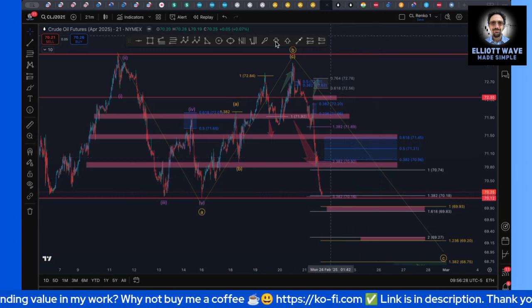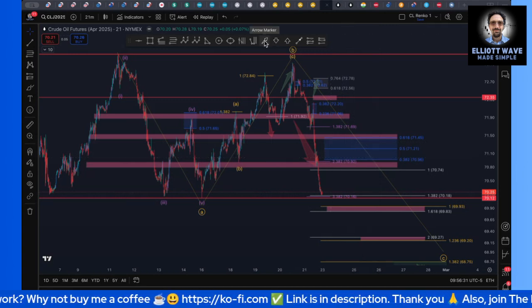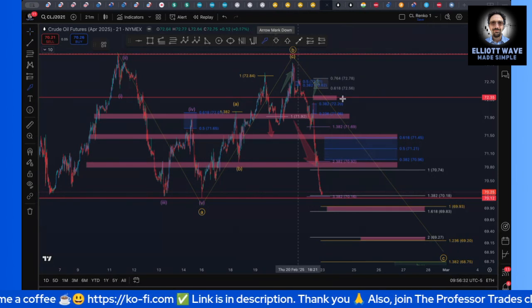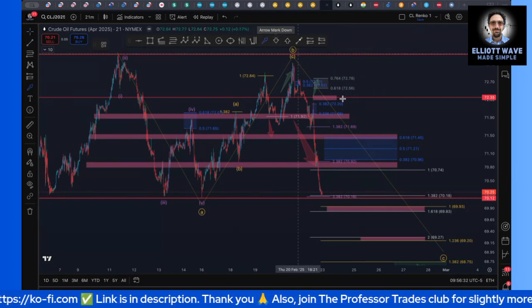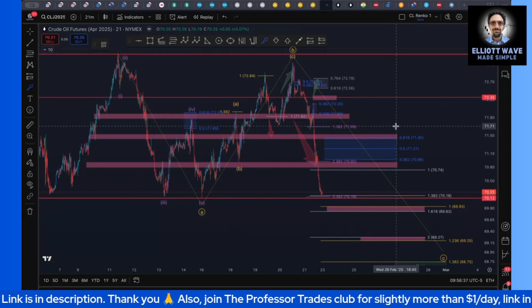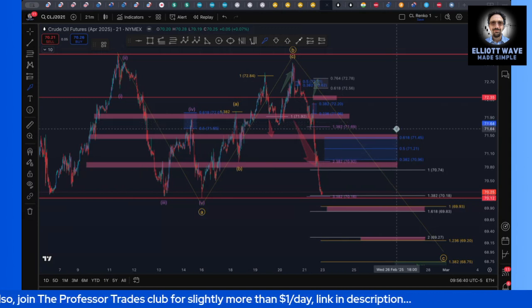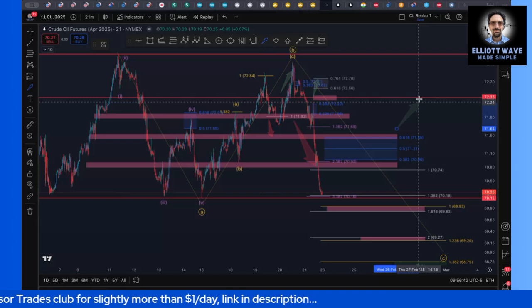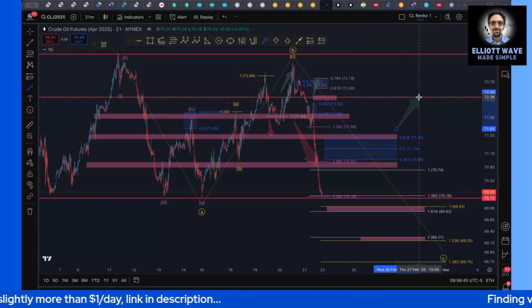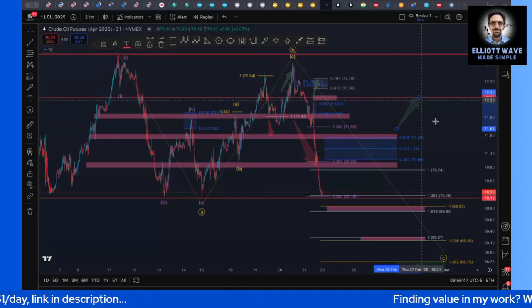It really depends. So what we have to do is wait now to see what is going to happen next. And one of the parameters that I like is if this blue box got breached and price came directly all the way back up to that area, I think it's more likely that it keeps going higher.